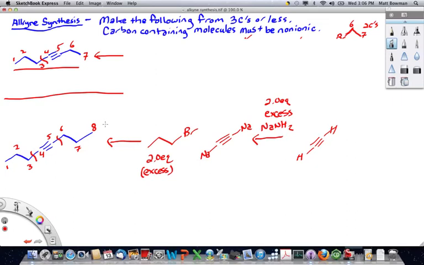This can be used for the bottom case only because this alkyne is symmetrical. The top alkyne is non-symmetrical. You have a propyl group on one side, an ethyl group on the other side, so you cannot use this method.